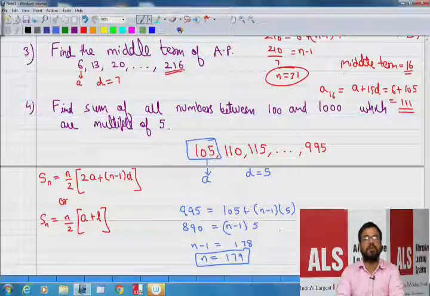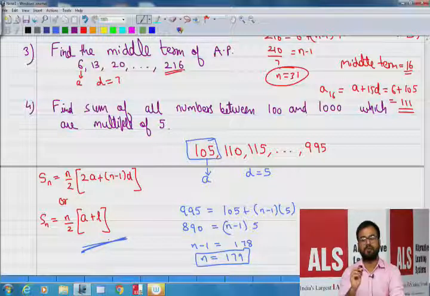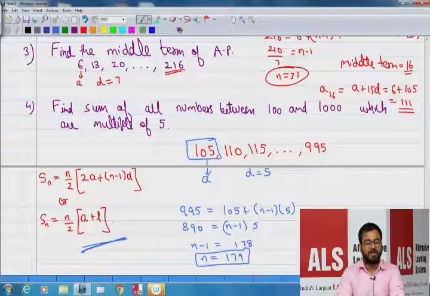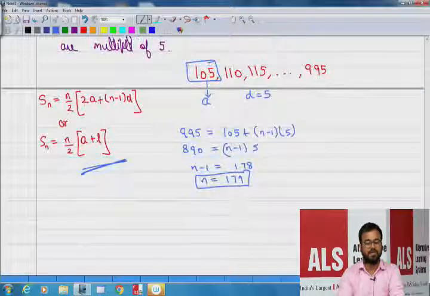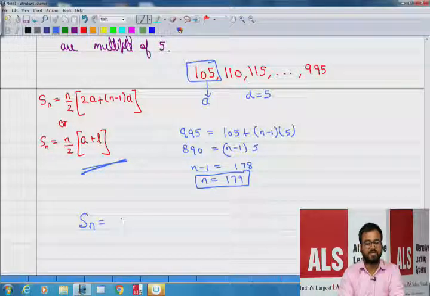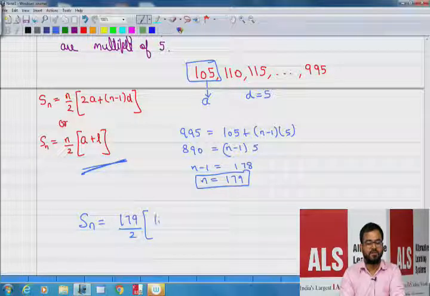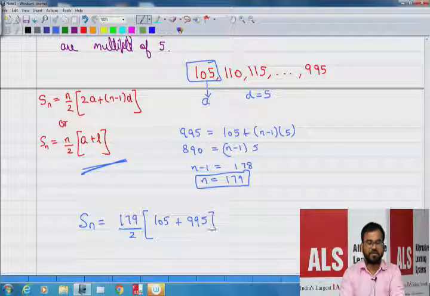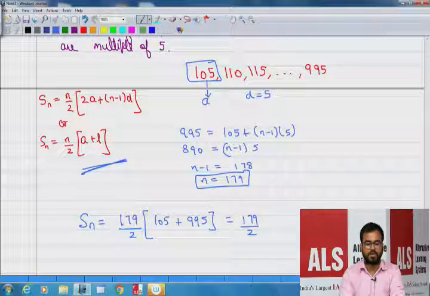Now we can figure out the sum. We can use the second formula, because in it a represents the first term, l represents the last term, and n is 179. We know all the values, so we can just substitute. Sum of n terms is n by 2, so 179 divided by 2, the first term is 105 and the last term is 995. 105 plus 995 is 1100.